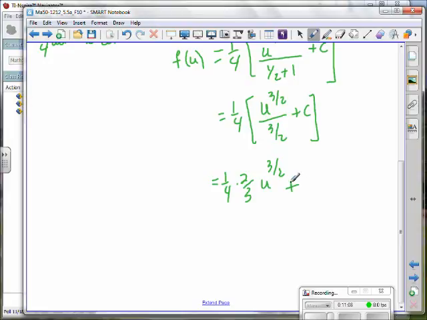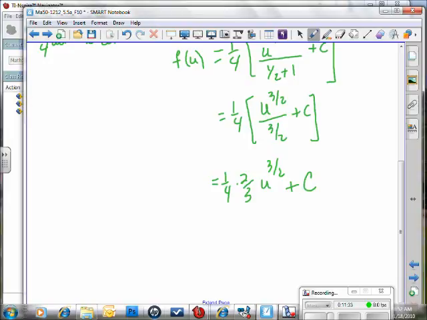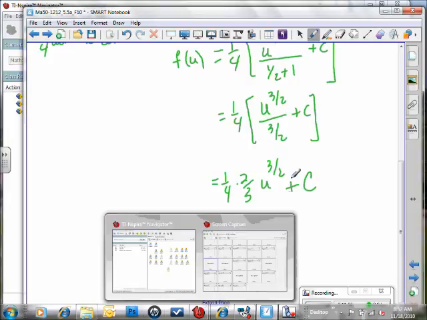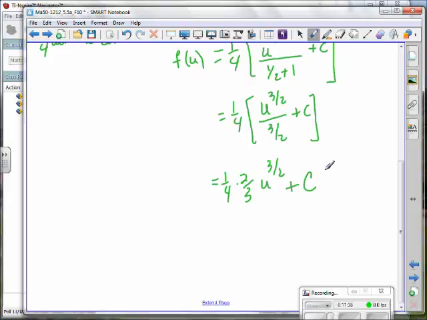Now here's where you have to allow yourself to think beyond the fact that if I have a c, I now have 1/4 c. What does c represent? Any constant, right? A constant. It can be any value at all. So if I take any value and divide by 4, do I still have just any value? Yeah. This is not what you want to go home and show your siblings or cousins who are in Algebra 1 and say, look what we can do, we can take 1/4 of c and just get c again.